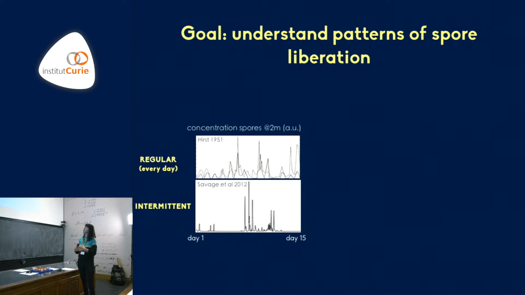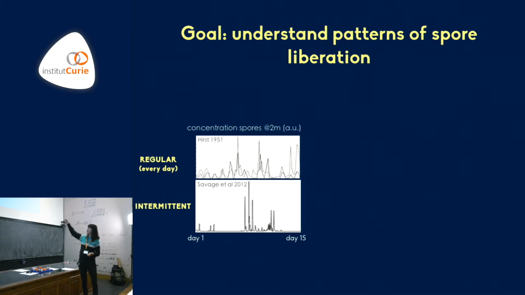And the data look quite different from each other. This is the concentration of spores of that given species over 15 days. And if you count the peaks up there, there'll be about 15 peaks. So it looks like those species discharge their spores reproducibly every day.